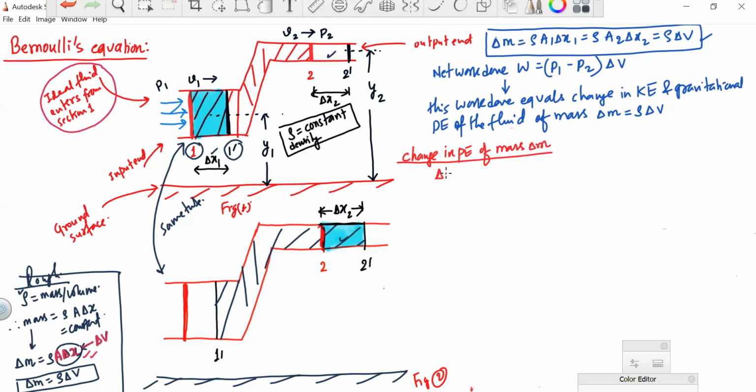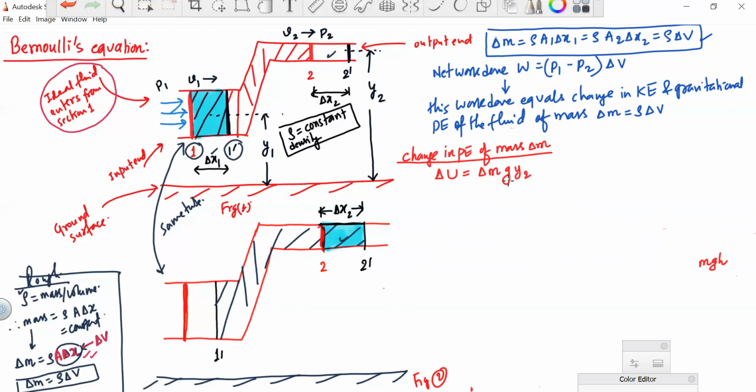So let us denote change in potential energy by delta U. We use the concept mgh, so delta m, g, and h is height, so y2 is the height or elevation at the output end.